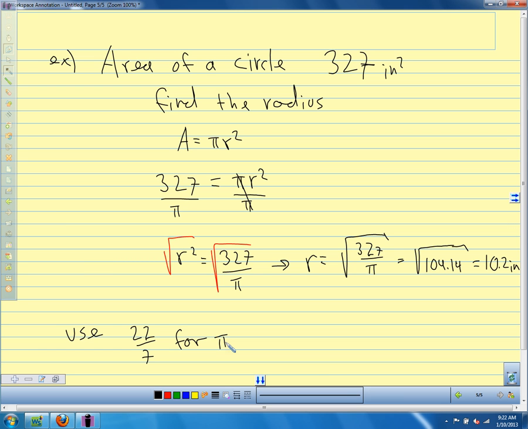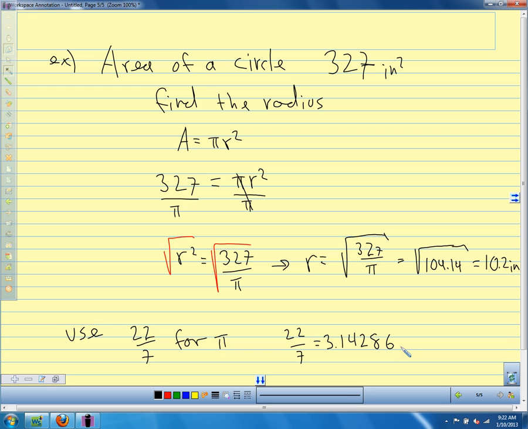So if I put in my calculator 22 divided by 7, it is about 3.14286. So that's pretty close to the actual value of pi.